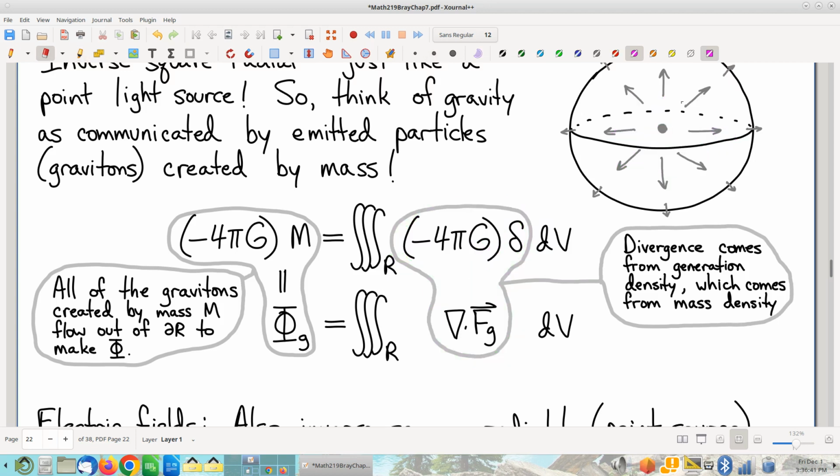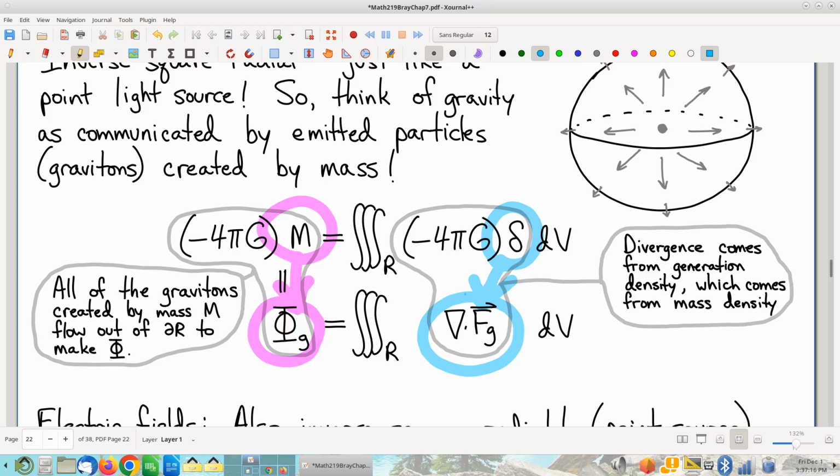Okay, now real quick, there's a linguistic opportunity here, so I'm going to take it. Mass causes flux. One way to say this, again, think about the graviton metaphor: more mass, more gravitons, more flux. So mass creates flux. And then if you come over here to the other side, you could interpret this as saying that mass density creates flux density.